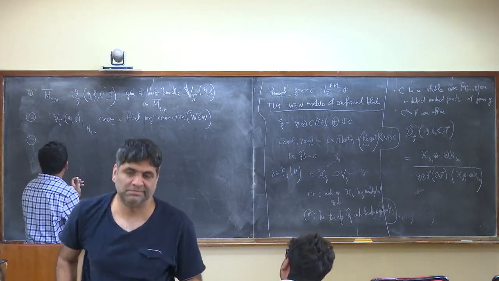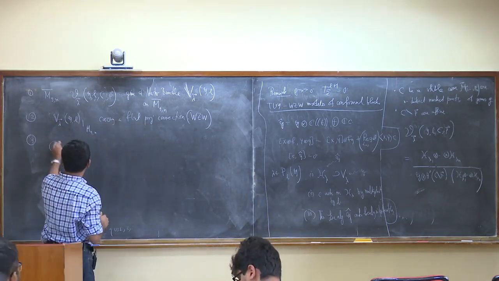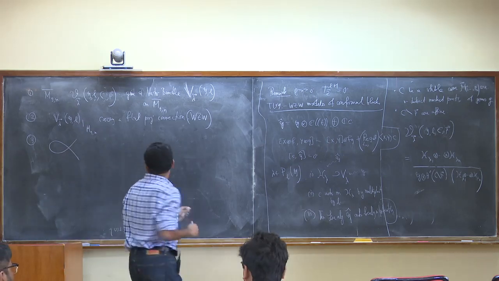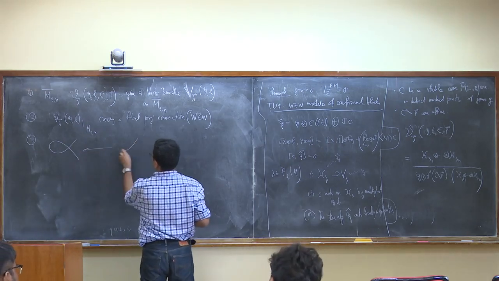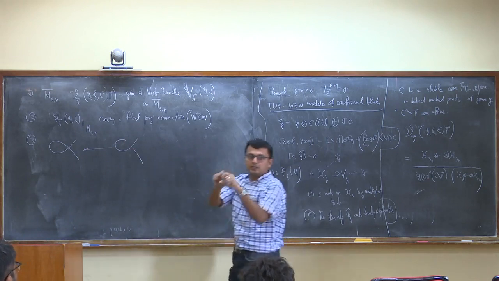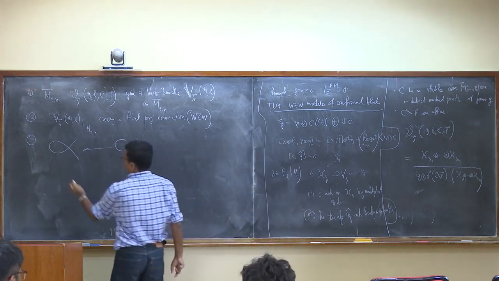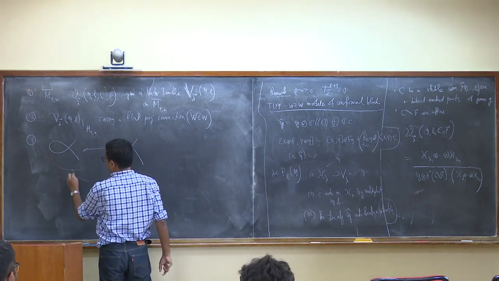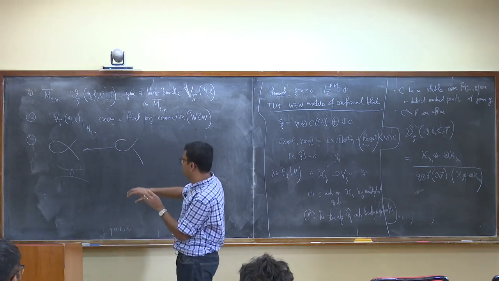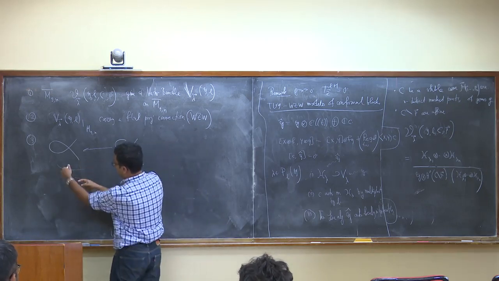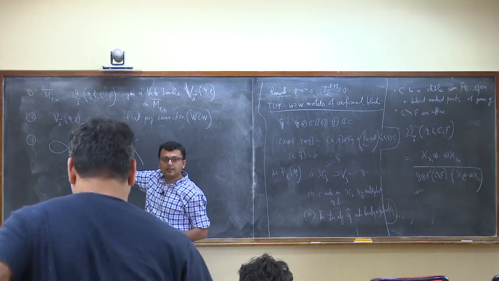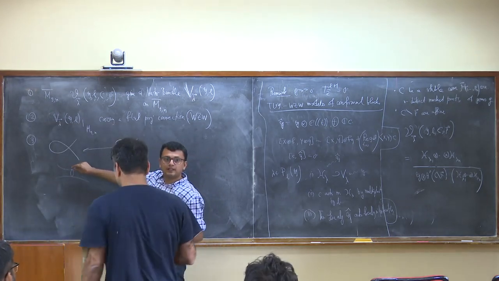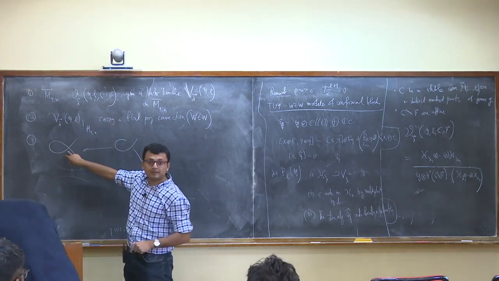The property is the following. Take a nodal curve and take the normalization of the curve. Think of a Riemann surface where you take a curve and pinch it. That gives you something like this.